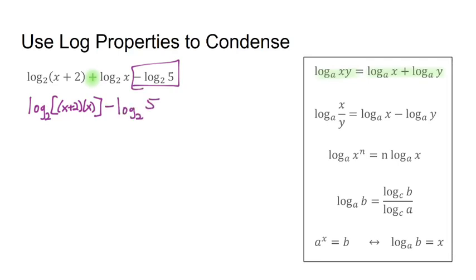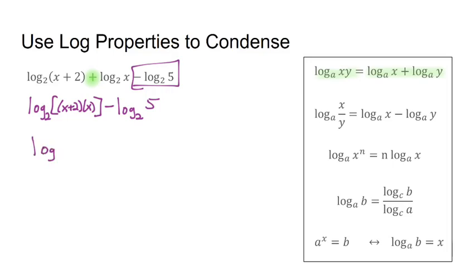Now what we have is log base 2 of something minus log base 2 of something. Hopefully now you're seeing the second row of our log properties. I can rewrite that as division, log base 2 of the quotient. So let me do that real quick.